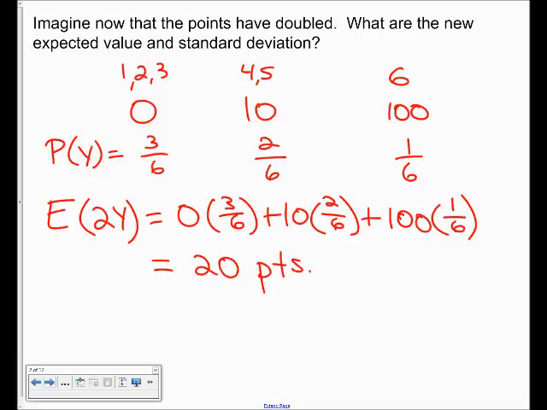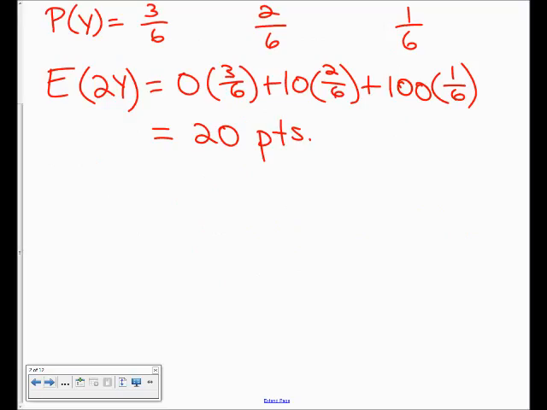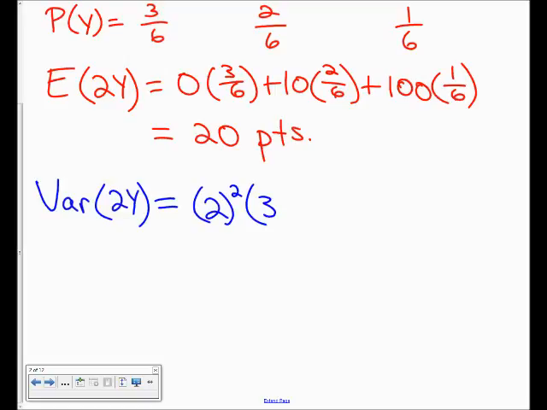Okay? Now for the variance. This is a little tricky because a lot of students will get this wrong and they'll just double the standard deviation, they'll just double the 18.03 number, which is incorrect. If you want to find the variance of double the number of points, because we're dealing with squared units, we need to square that 2 and then multiply it by our 325.